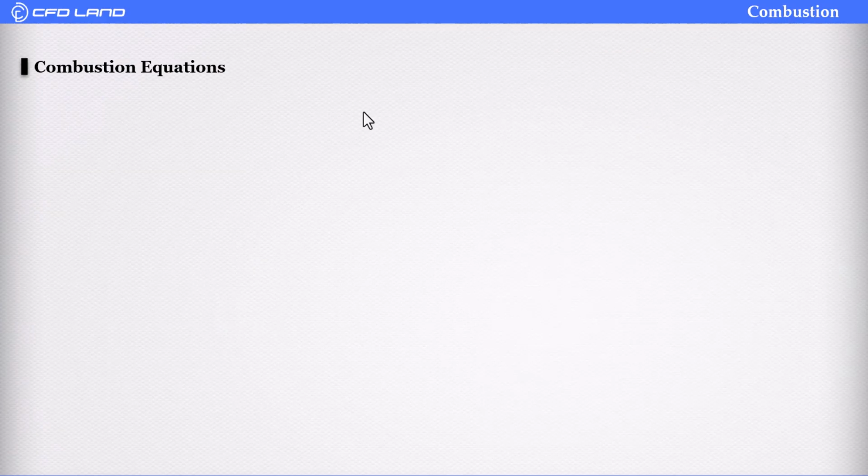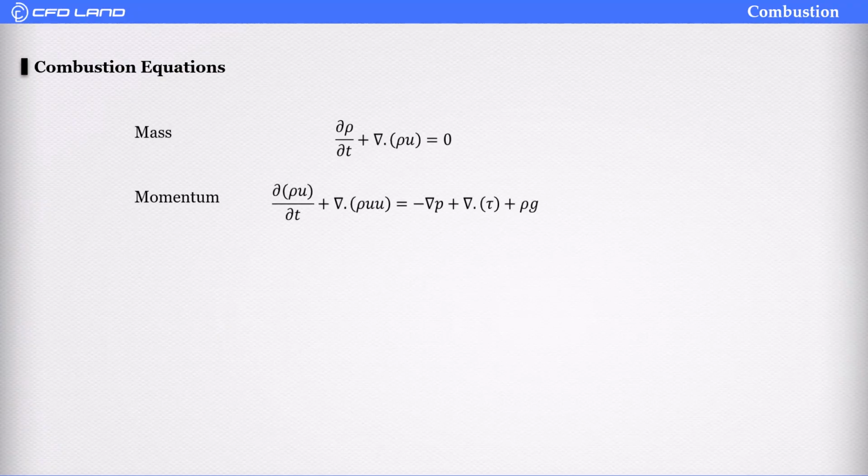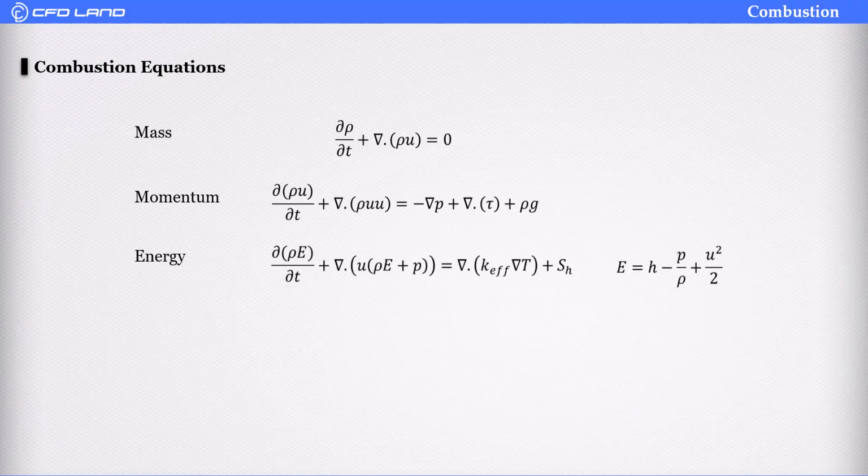Like many fluid flow problems, the governing equations for combustion problems include Navier-Stokes equations, that means continuity and momentum equations. But two more equations are also solved in combustion problems: energy equation and species equation.